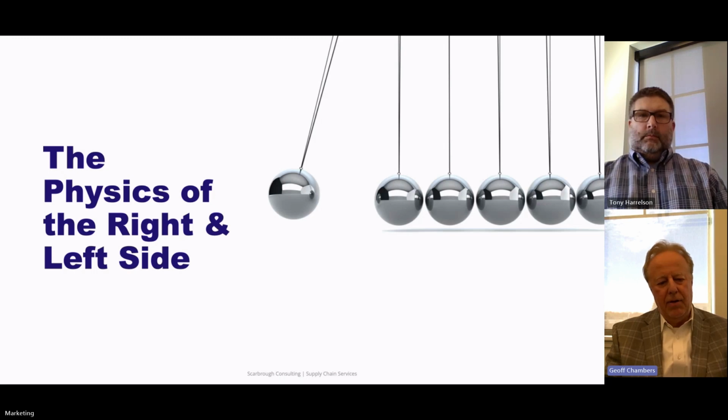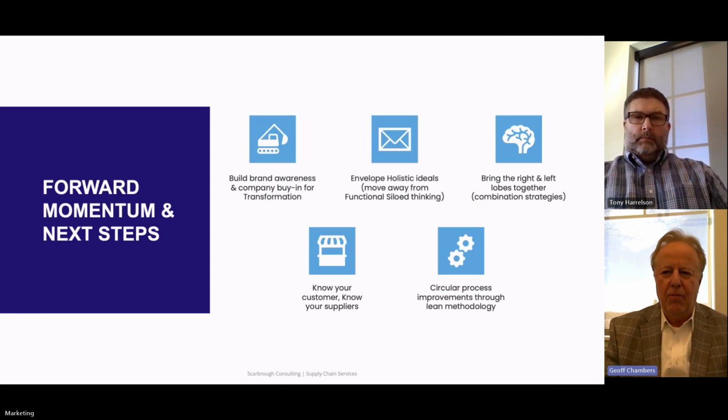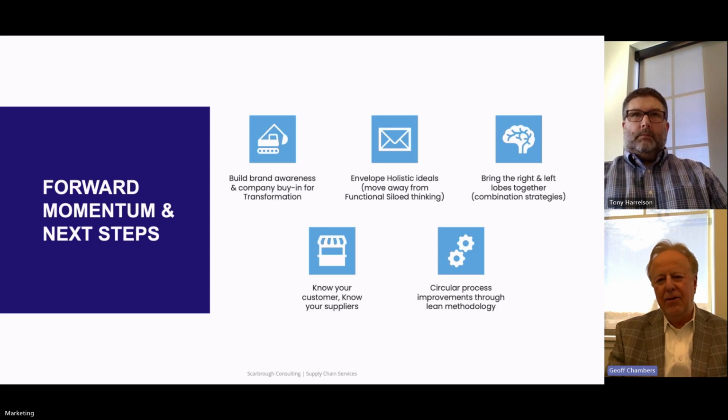But if we go to the next slide, we're going to touch on some of these items. So again, bringing the right and left lobes together is just a way to give you a picture of using my left and right brain to be able to see the vision and execute or implement the vision.